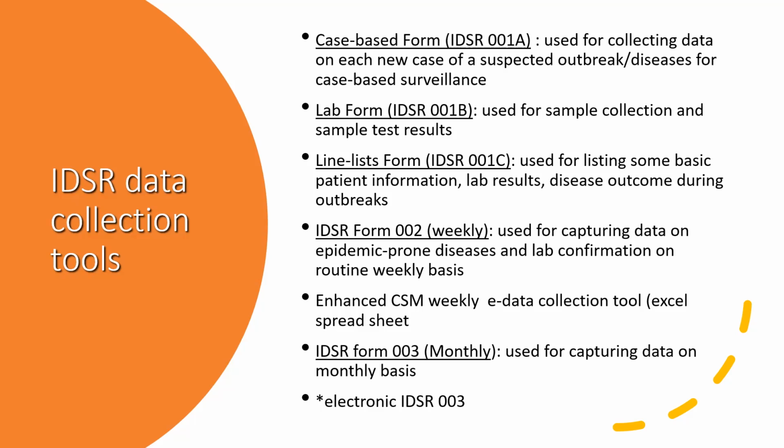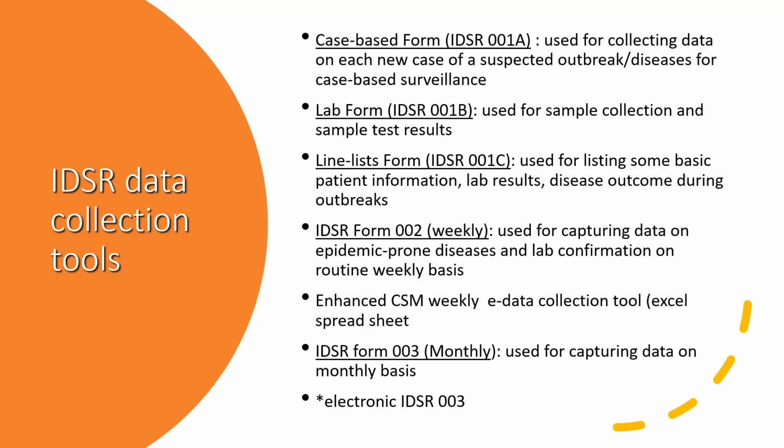Form 002 is for confirmation of each individual suspected case. So if you want to move from suspected case to confirmed case, you need a lab form 001B. You fill the information, send to the lab, they will do the test and provide you with results.